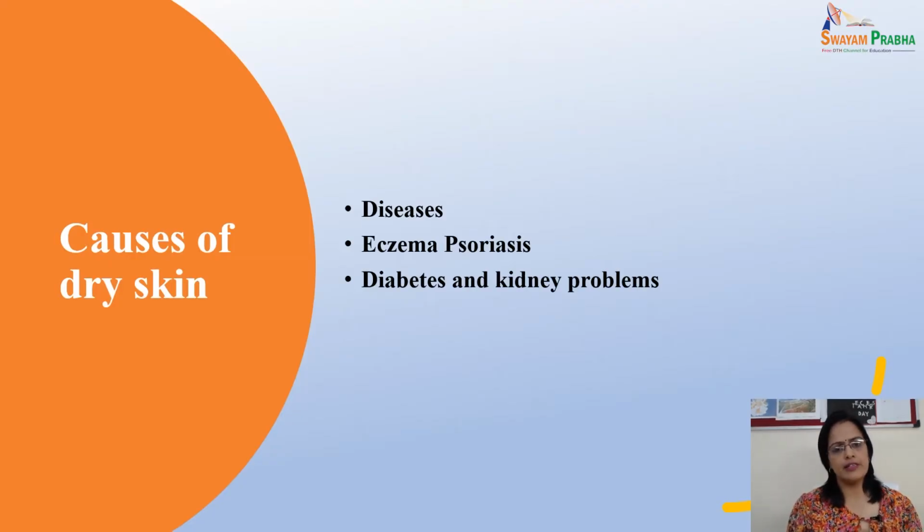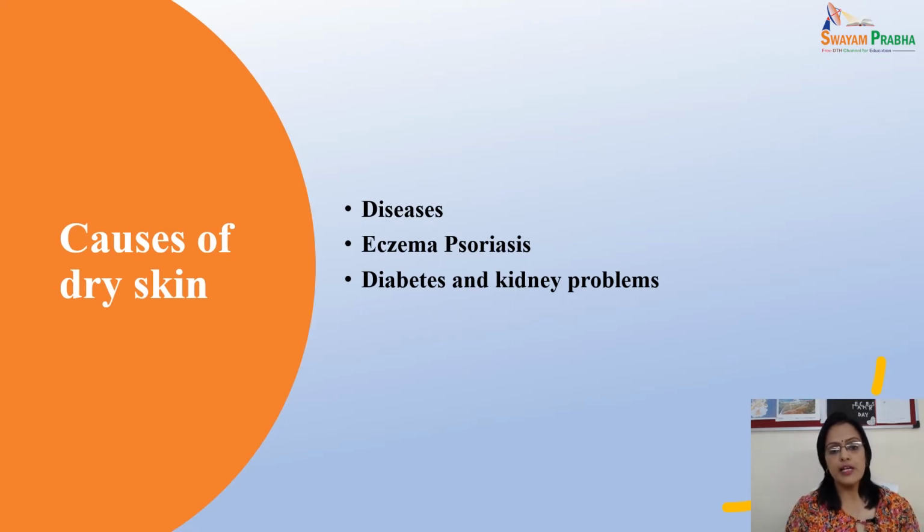Diseases. There are a few diseases which also result in dry skin, like eczema, psoriasis, and medical conditions like diabetes and kidney problems. Eczema is a common skin condition that affects people of all ages, when patches of the skin become extremely dry, itchy, red and irritated.